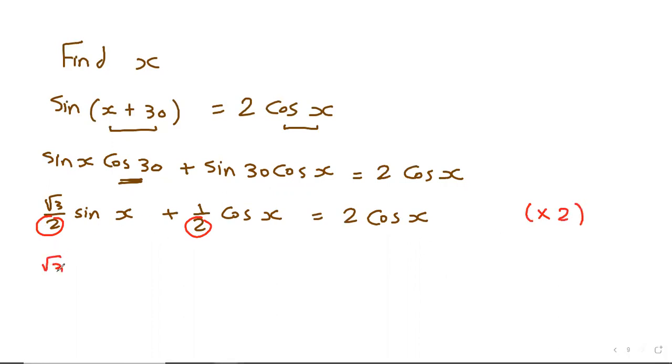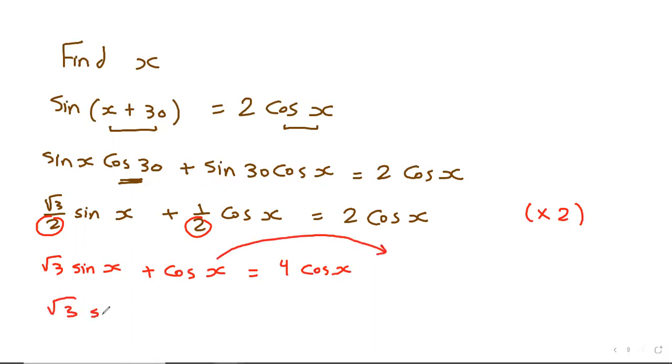So it will be root 3 sine x plus 1 over 2 cosine x multiplied by 2, it's cosine x, equals 2 times 2 cosine x, 4 cosine x. Move cosine x to the other side, so it's root 3 sine x equals 4 cosine x minus cosine x, which is 3 cosine x.